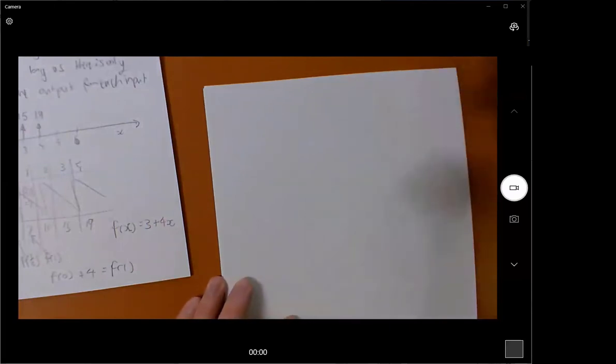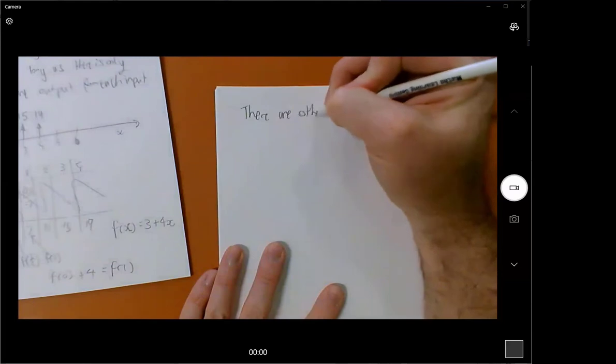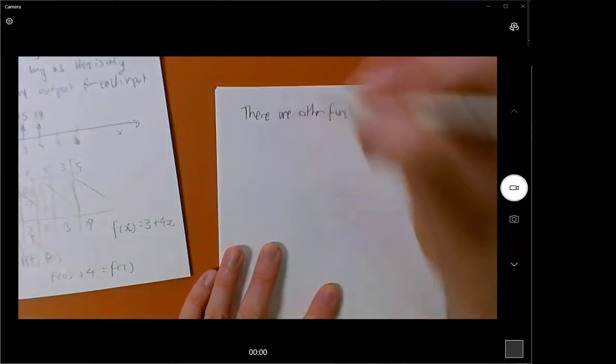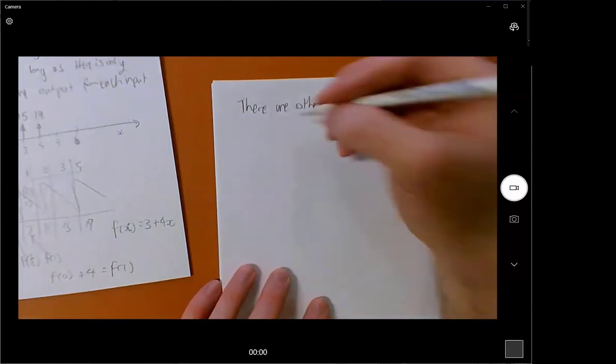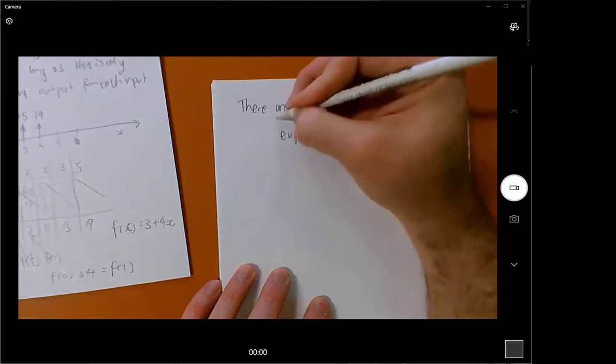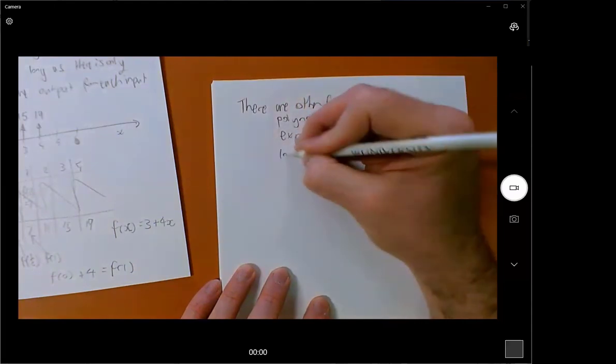So while we're on, I'm just going to say there are other functions. I'm not going to talk about them unless you ask at some point, but I'm just going to make sure they're there. You've got exponential. You've got polynomial. You've got logarithms.